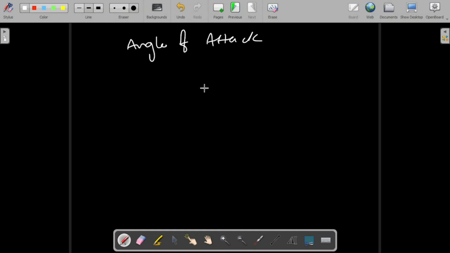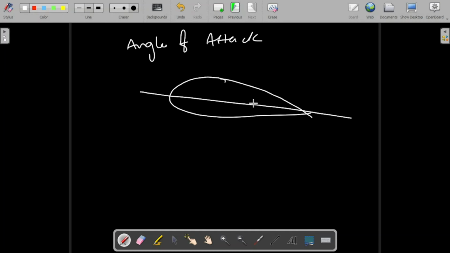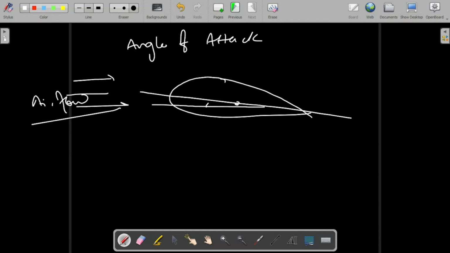If this is an aerofoil and this is the chord, this is the center of pressure. Let's say this is the airflow. The angle between the airflow and the chord is known as the angle of attack, alpha.